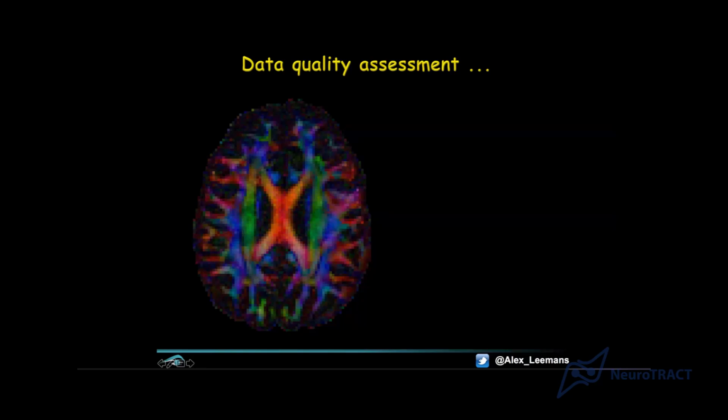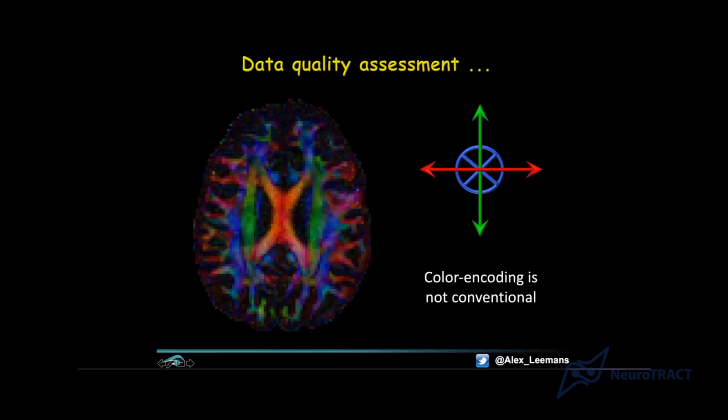In this case, if you focus on the color encoding, we see red, green, and blue. But the color encoding convention is not what we expect, because red should be left-right, green front-back, and blue up-down.